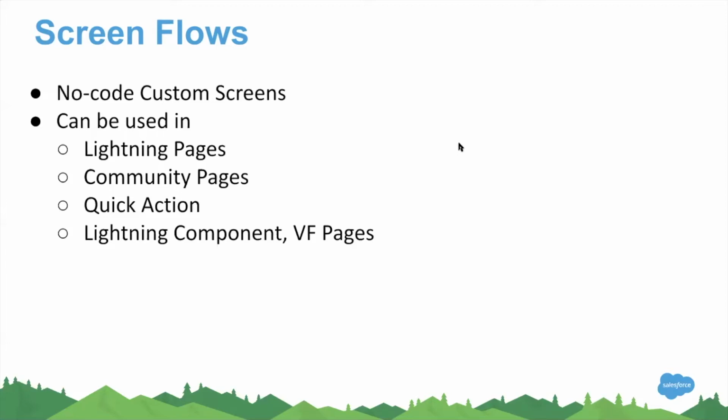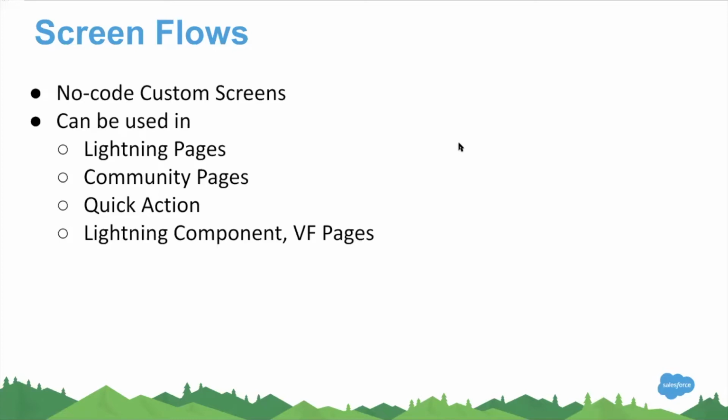And even through screen flows, based on the input they give on the UI, you can redirect the flow to a different path. Say for example, if I'm getting information about a partner, then based on the drop down that you select. So let us say I'm creating a record and it contains 2 values. One is partner, the other one is customer.